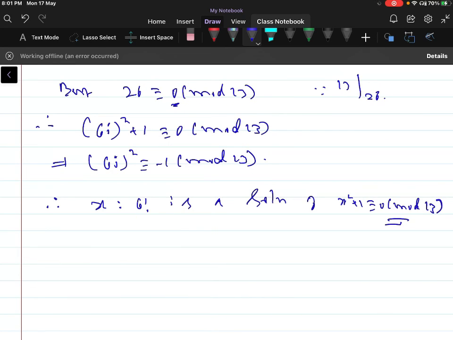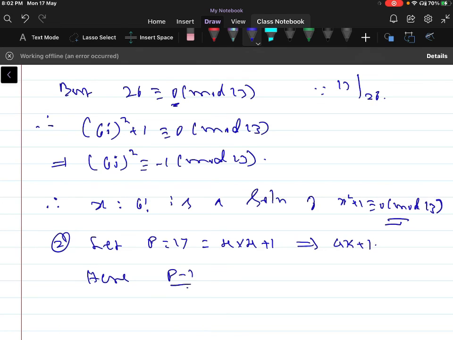Let us take another example. Let p is equal to 17. So this can be written as 4 into 4 plus 1, so it is of the form 4k plus 1. So 17 is of the form 4k plus 1. Therefore, there exists a solution for the quadratic congruence. So here (p-1)/2, where p is 17, that's 16 by 2, that is equal to 8.